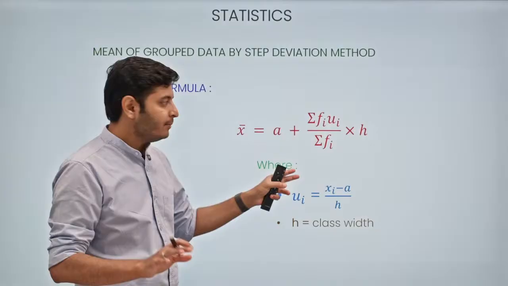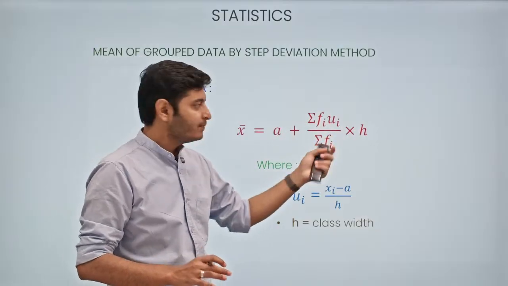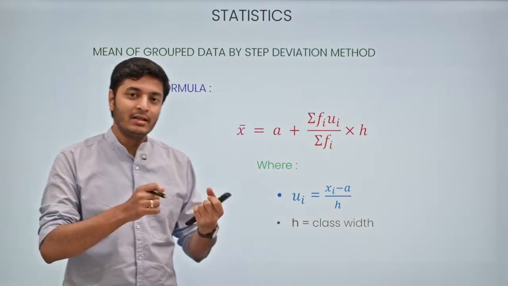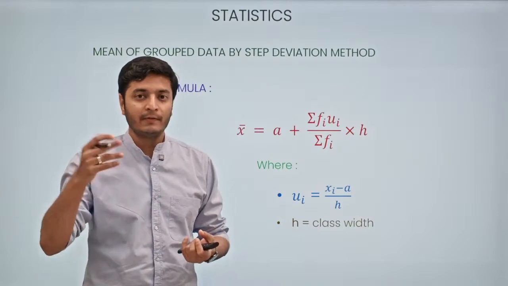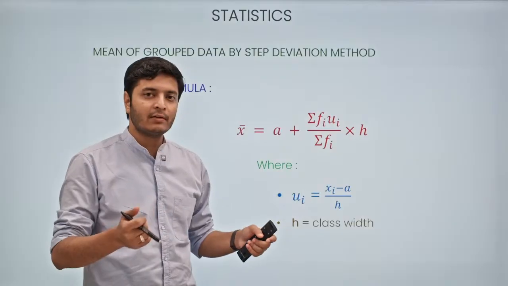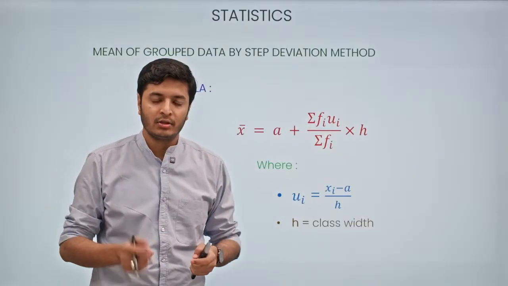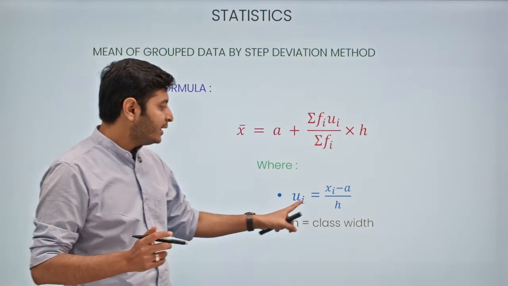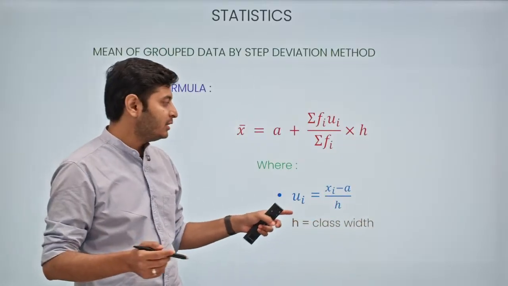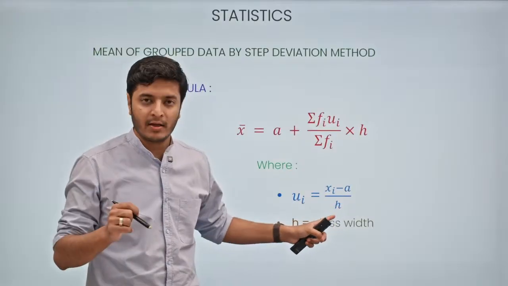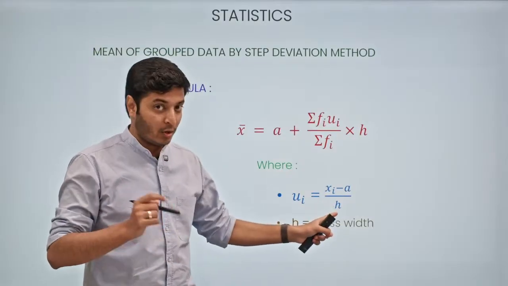Then what is this summation fiui? In the assumed mean method, we find summation fidi, the mean of deviations. Here we are going to find the mean of ui values. Ui is xi minus a by h, or in other words, di by h. So what is h now?